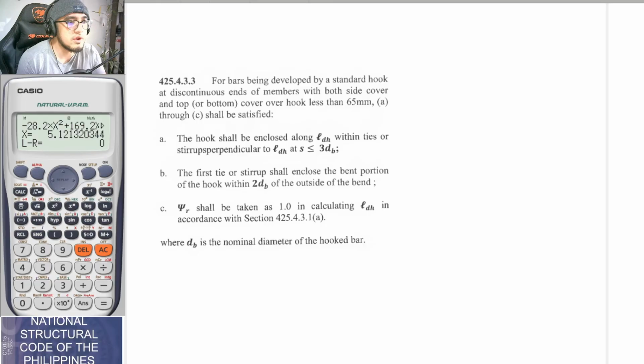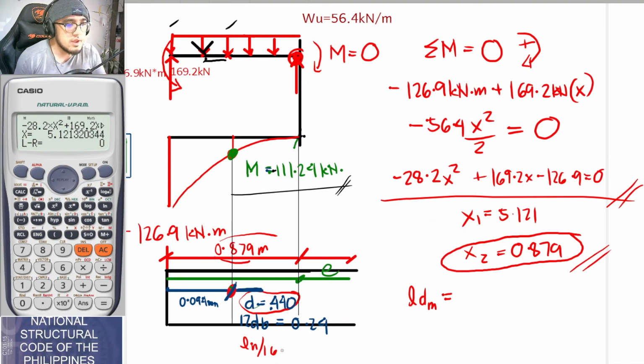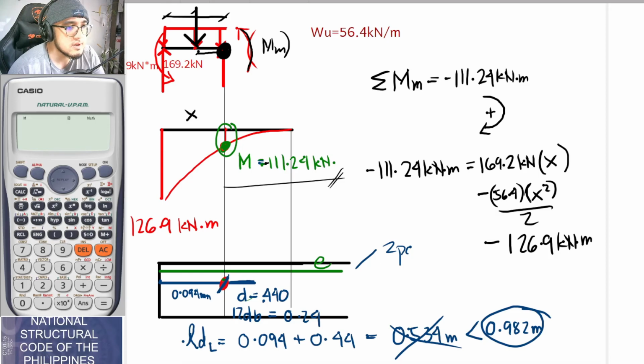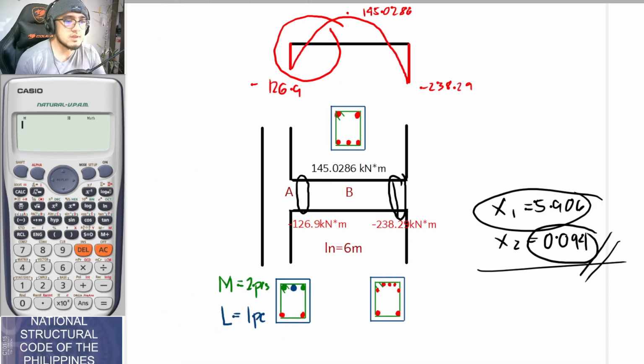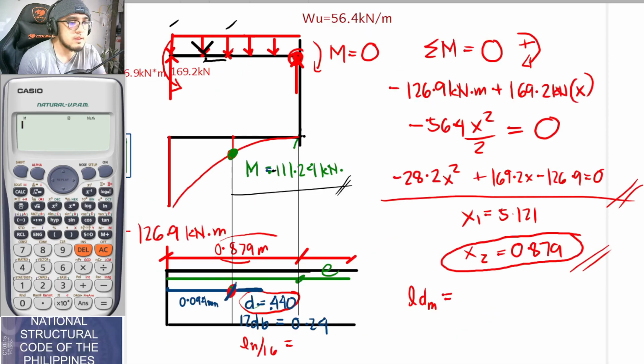So that is for your bars M. So with that, guys, what is to be our ln? That is to be 6 meters, I think. Yes, so 6 meters. So ln over 16, 6 meters, I should say. So 6,000 divided by 16, that is to be 375.